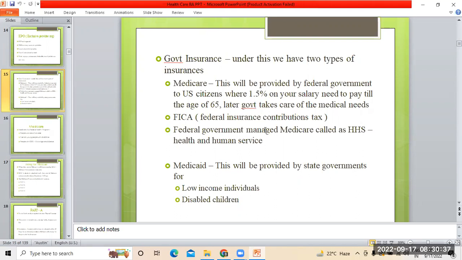So there are regulatory boards, we call them regulatory authorities. These regulatory authorities provide guidelines for insurance organizations on how they have to do their business and what assurances to be given to the people and what not, right?